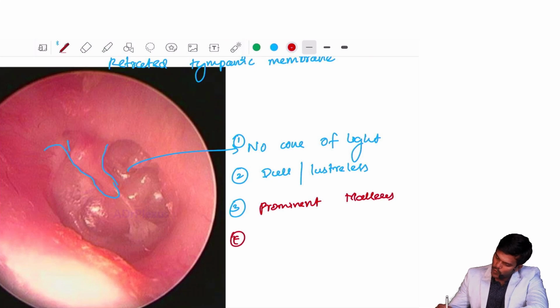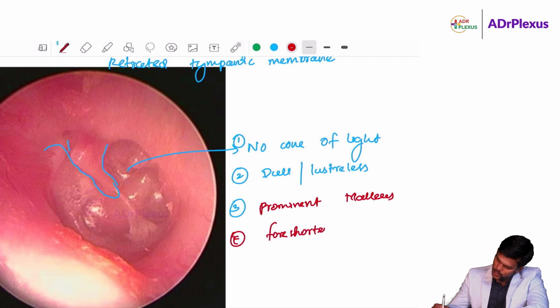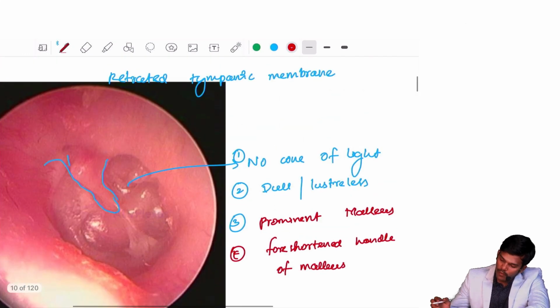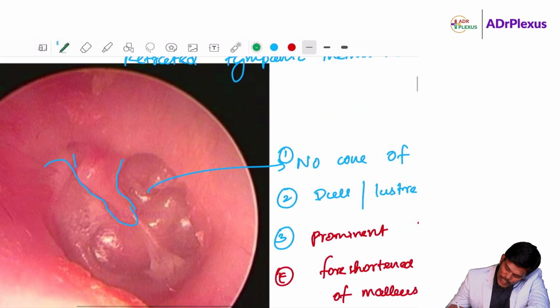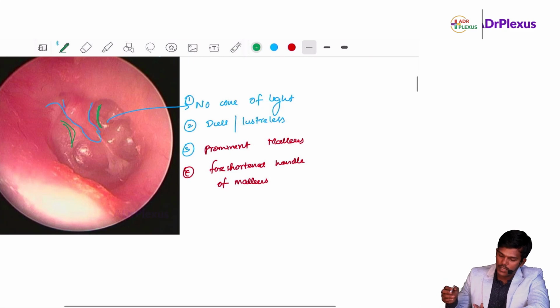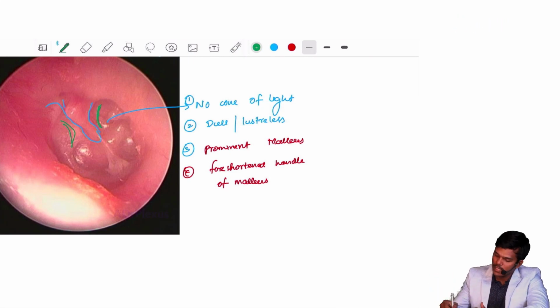Then a foreshortened handle of malleus. Now look into this, there is a sickle shaped malleolar fold on either side of the handle of the malleus.